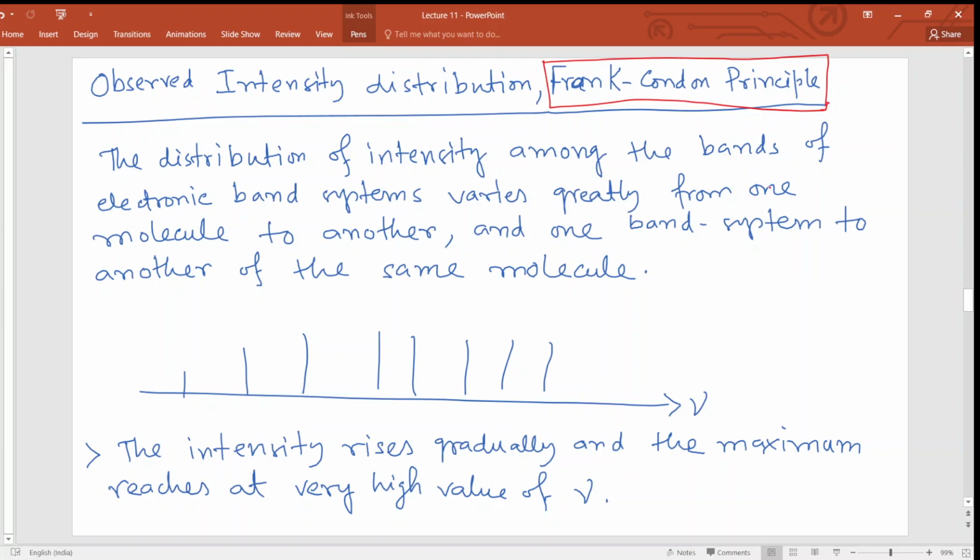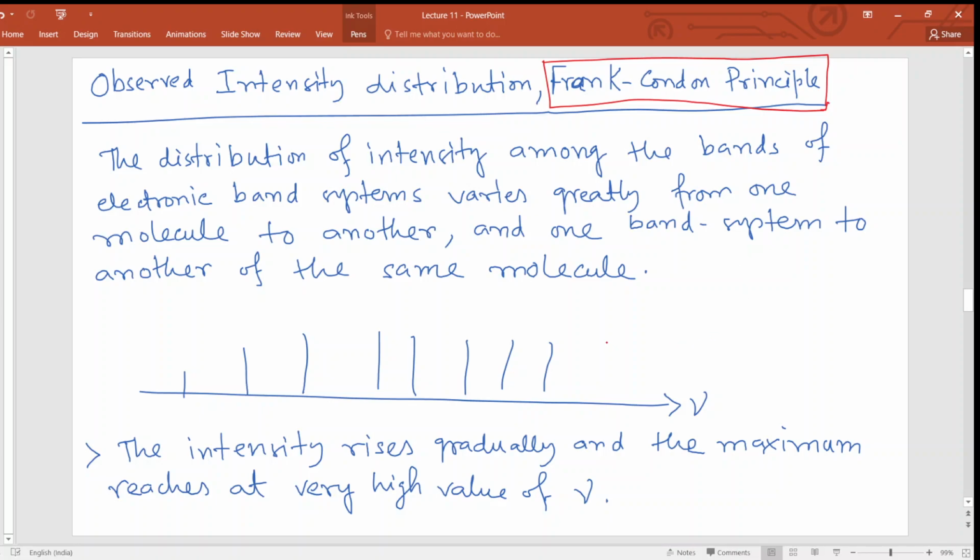Depending on the molecular structure, you can imagine the potential energy curve will be different, and as a result the energy level distribution will also be different. This means the energy bands can vary from one molecule to another, and also from one band system to another.